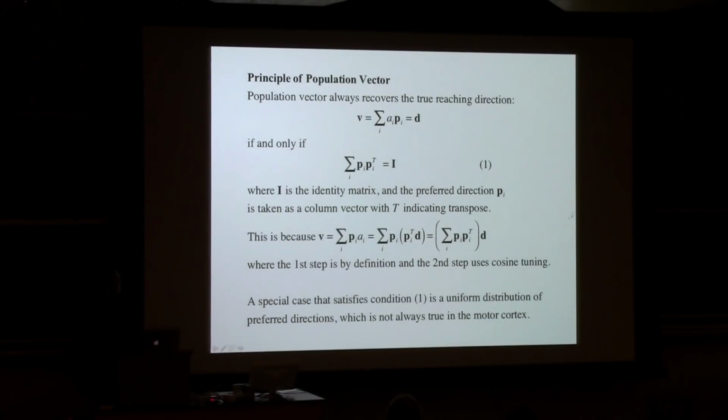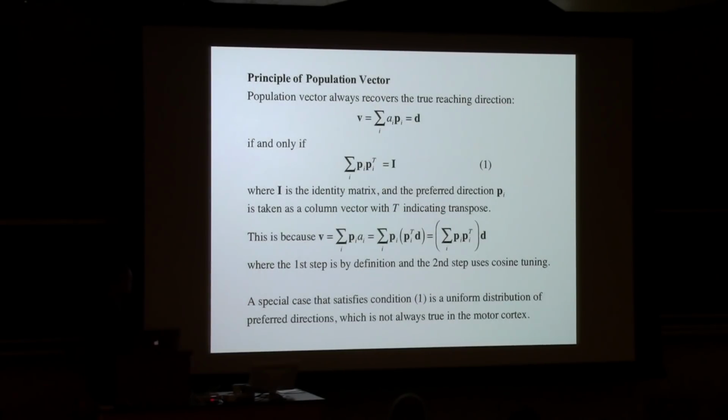So here's the statement. The population vector always recovers the true reaching direction exactly if this condition is satisfied. On the left-hand side, you see the preferred direction vector. Just like in MATLAB, we assume it's a column vector by default, right?